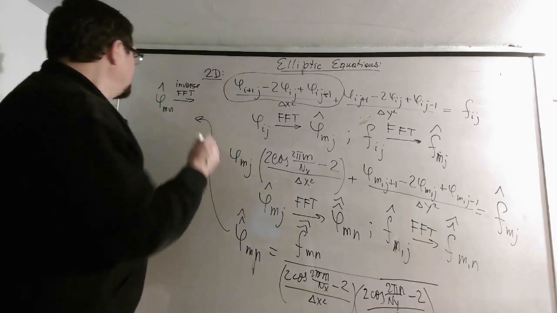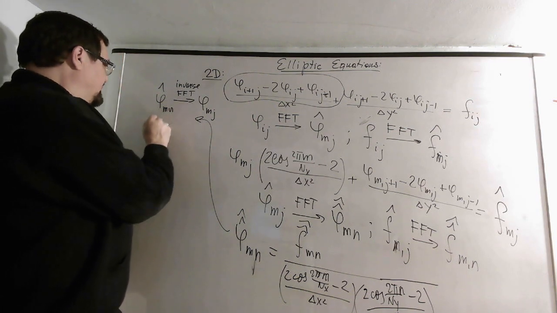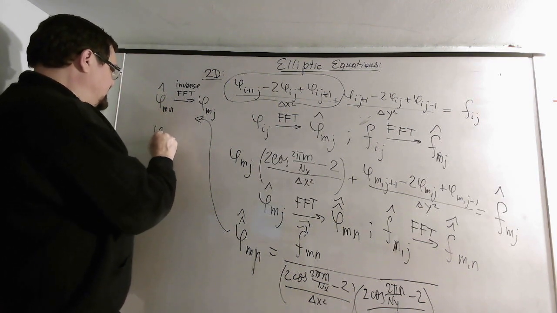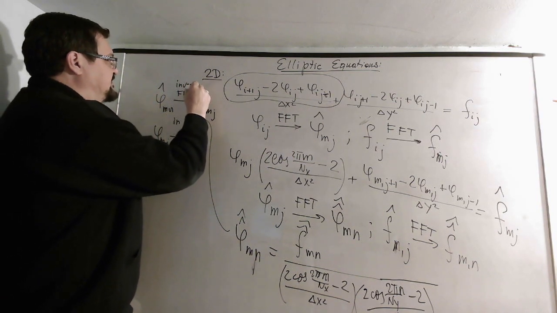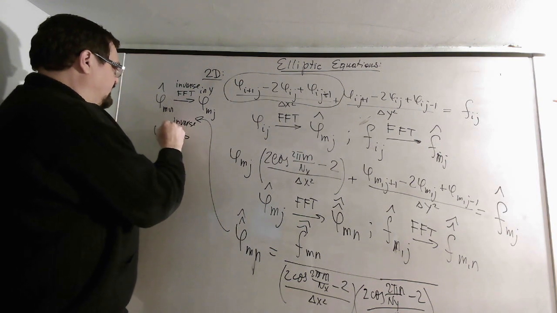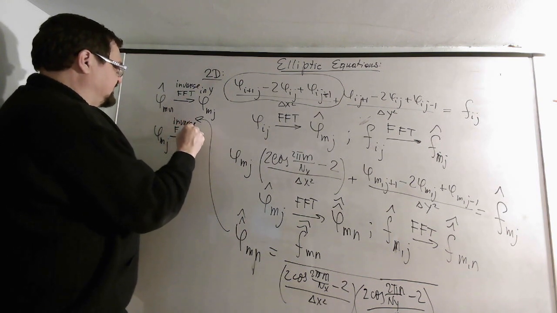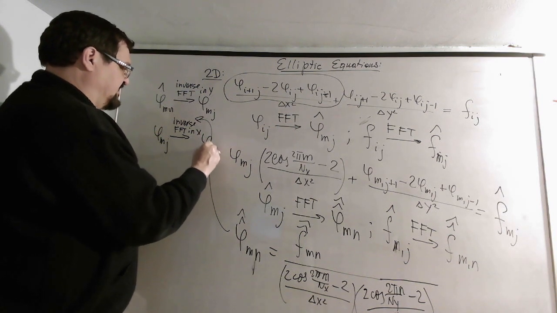So it's phi mj, and then from phi mj, using inverse FFT in y, and this is inverse FFT in x, you obtain your solution ij.